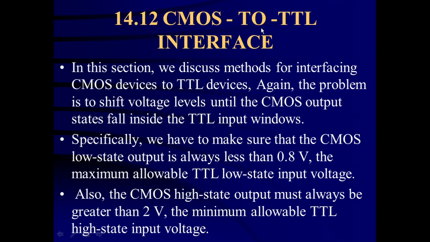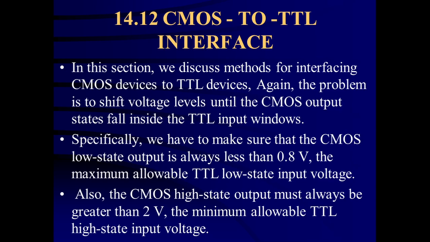What is the TTL input profile? When the TTL input is going to be low, it has to be between 0 to 0.8 volt maximum. That means the output of the CMOS device, which is connected to the input of the TTL device, must be less than 0.8 volt for compatibility with the TTL in the low state.